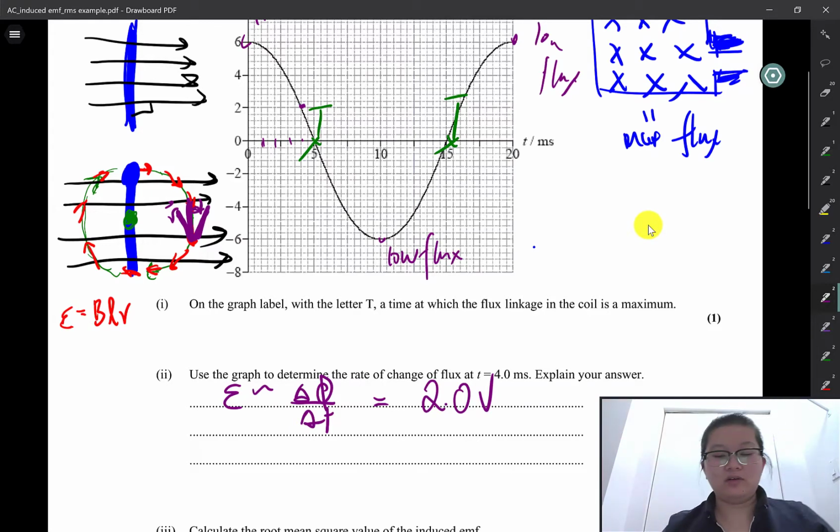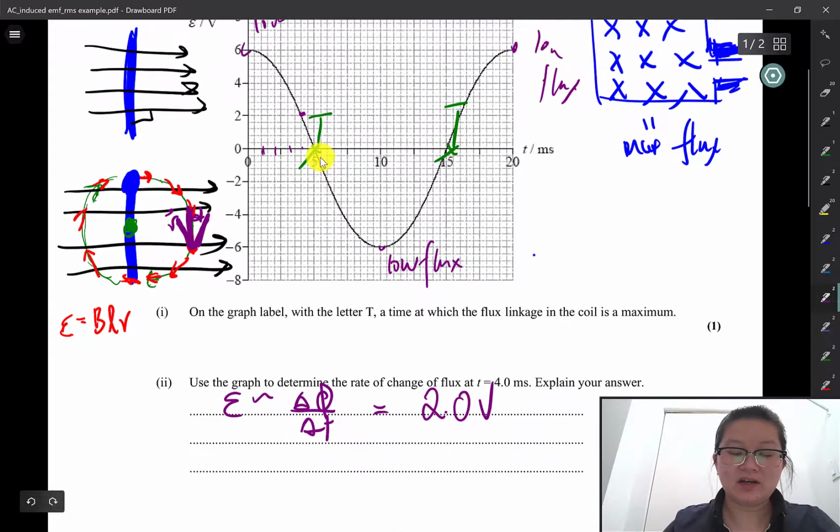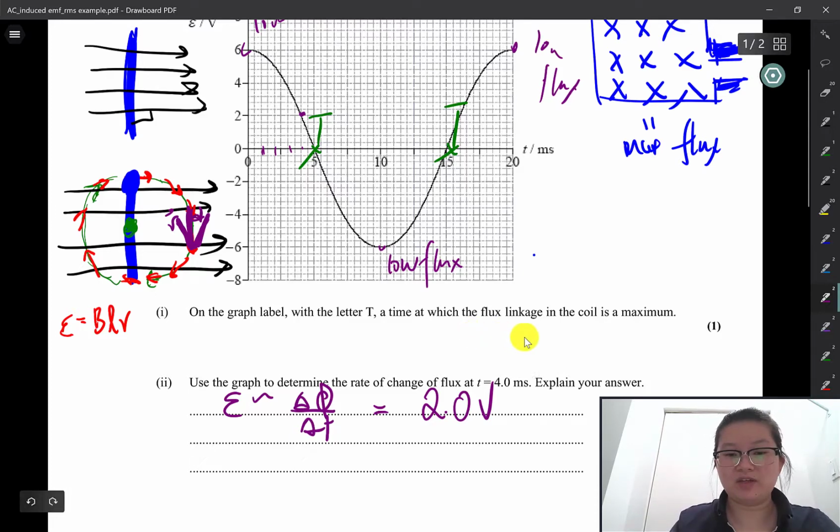First of all, you have to state that, and notice it is not the slope. You might think it's the slope because you're thinking of rate of change. But be careful, it's not the rate of change of the EMF. It's the rate of change in the flux that gives you the EMF. So that's something we have to be careful about.